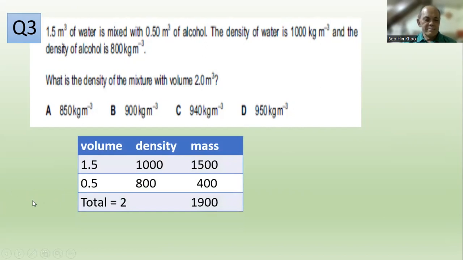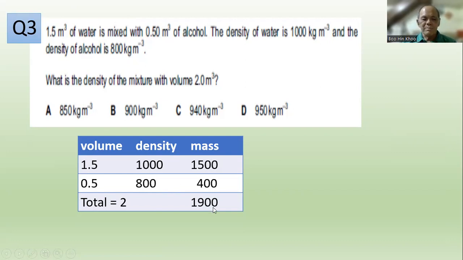Volume of water times density of water will give you the mass of water. Then volume of alcohol times density of alcohol gives you the mass, 400.